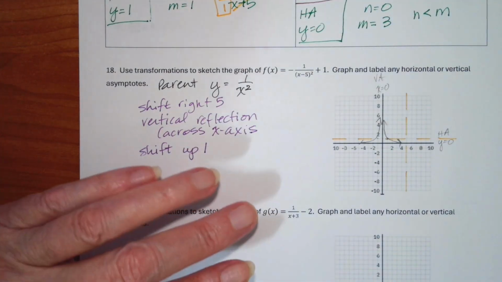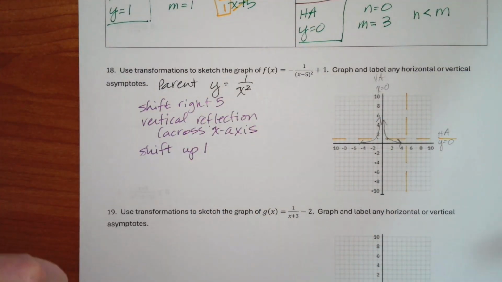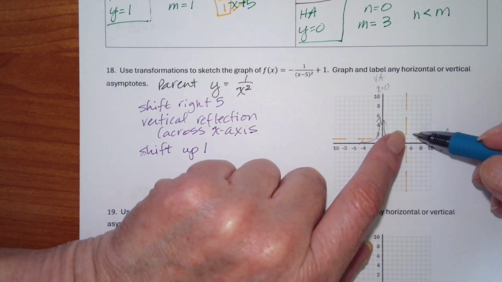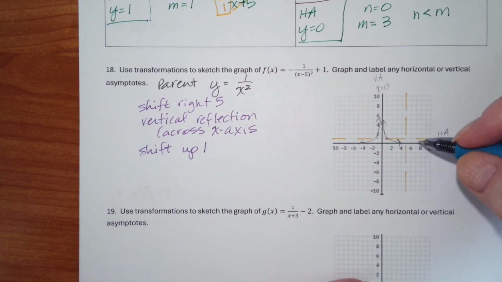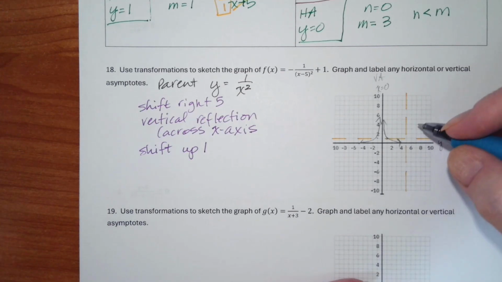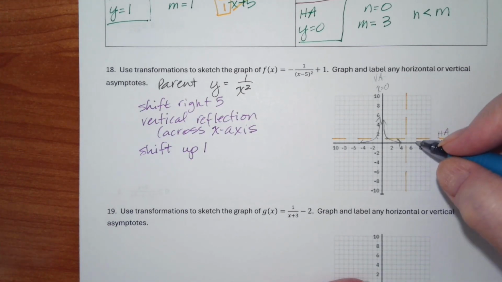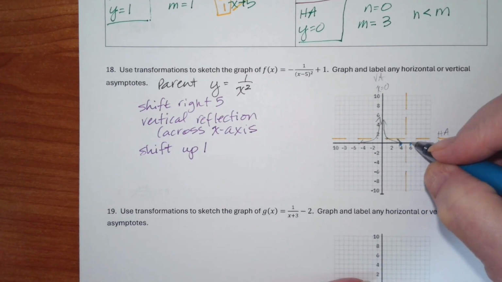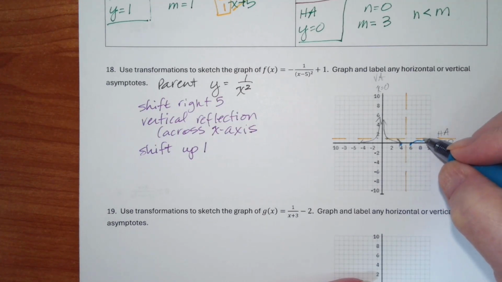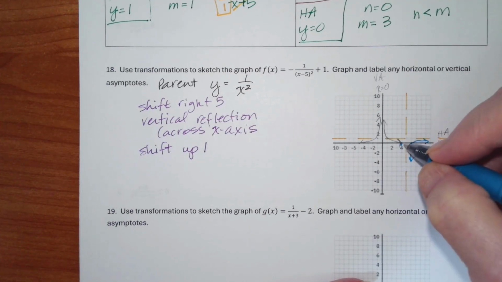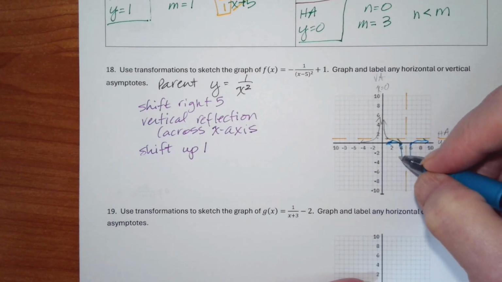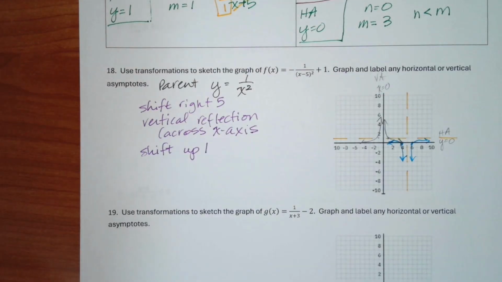And then I know from the general shape of my graph that if I move it all the way over here and then reflect it, then I've got a point here, and I've got a point here. And there's your new graph.